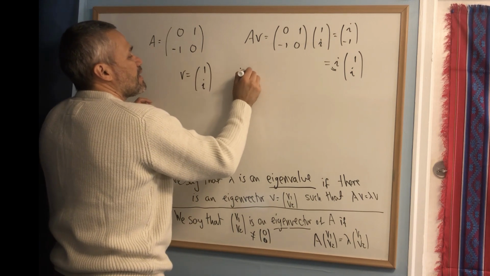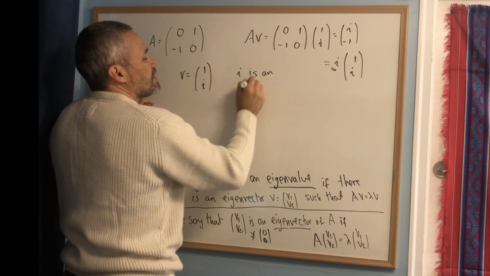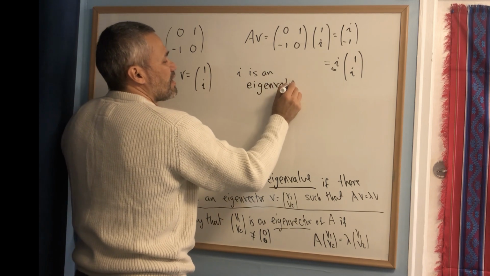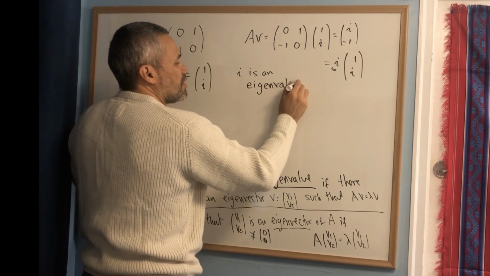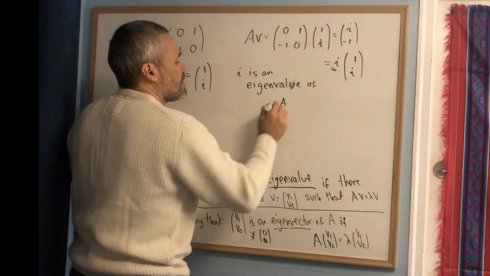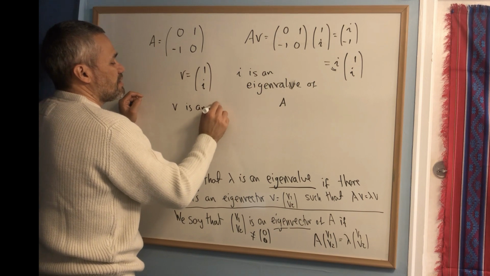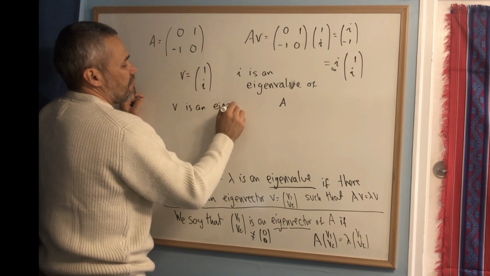Then i is an eigenvalue of A, and v is an eigenvector of A.